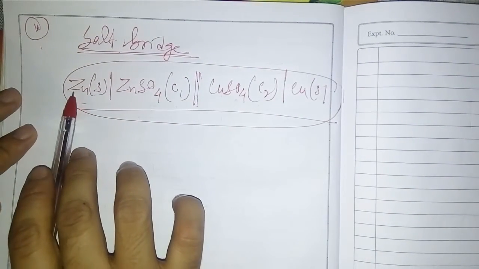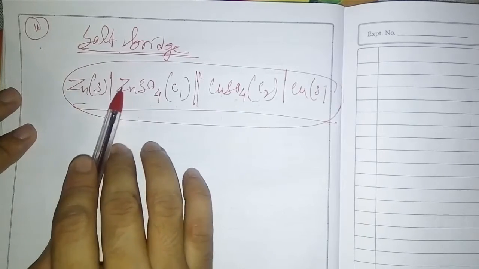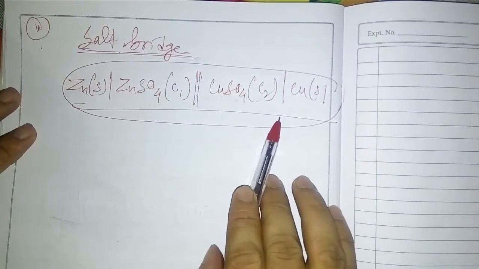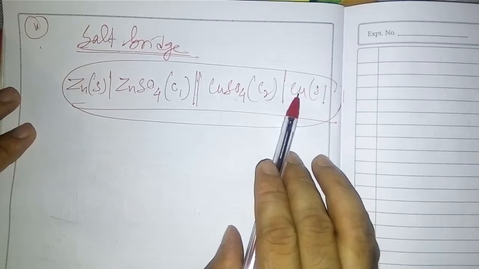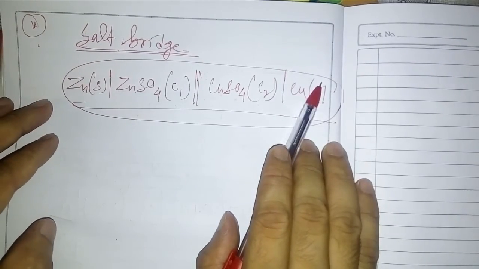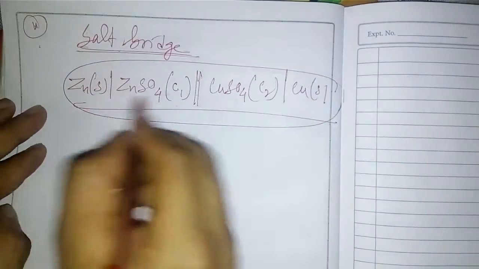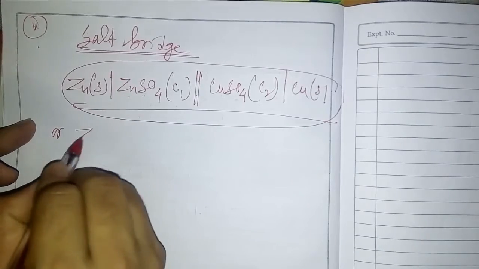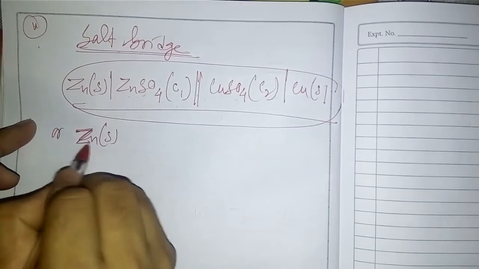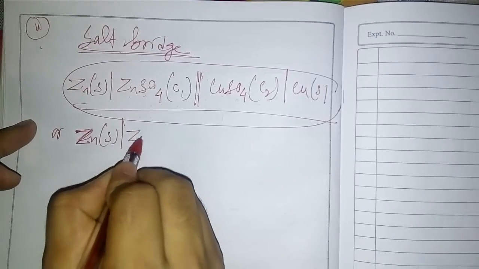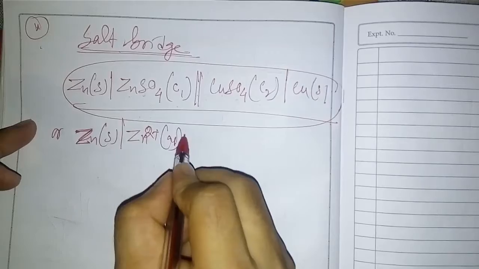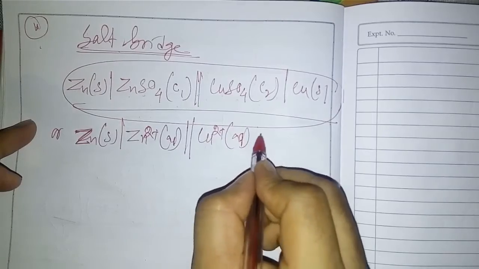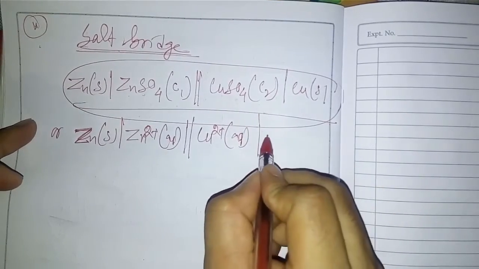Like this you can represent it. So Zn changes to ZnSO4, salt bridge, CuSO4, and then a single vertical line, the phase boundary, Cu. Or, in terms of ions: Zn changes to Zn2+ in aqueous medium, double vertical line, Cu2+ in aqueous medium changes to Cu.